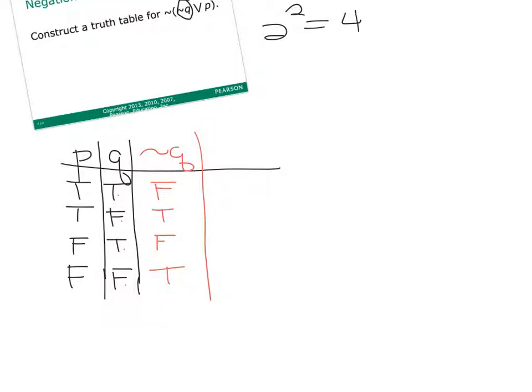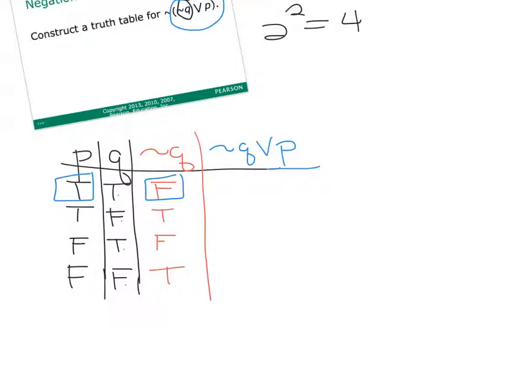Now, I need to do the negation of Q or P. So I'm going to have to look at the negation of Q column. So the first entry is false. Then I'm going to have to look at the P column. The first entry is true. And I'm going to have to remember my ORs.